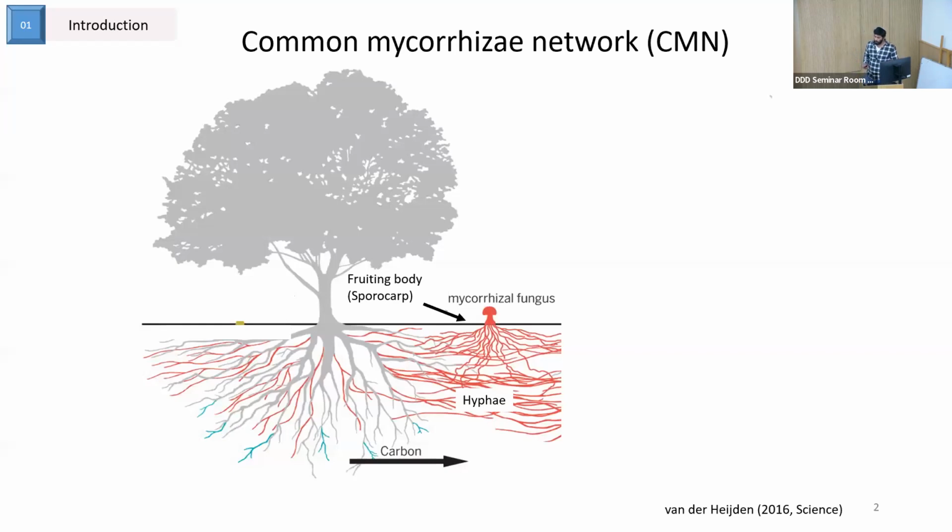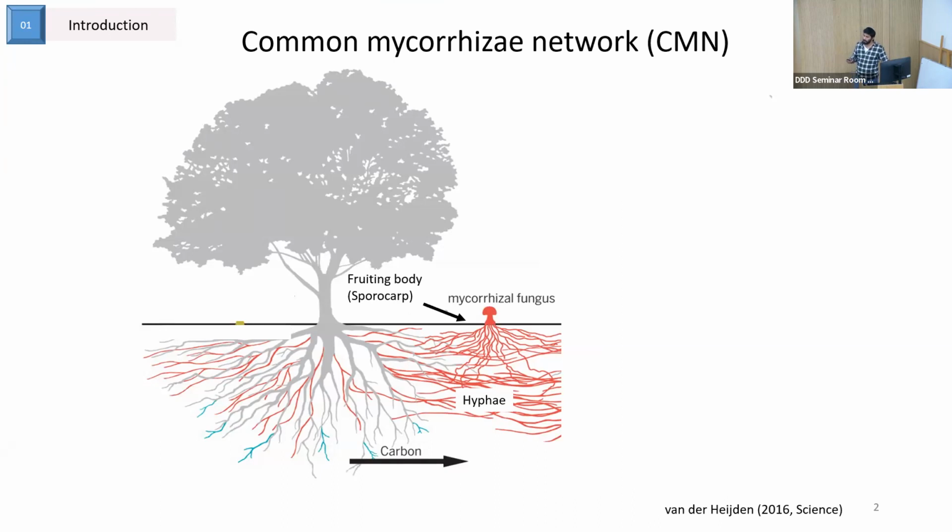So as most of you know, mycorrhizal fungi have a symbiotic relationship with plants. Specifically in the forest, this mycorrhiza has the main part, the hyphae, which can connect to the roots of the trees with a direct physical link, and allow the exchange of nutrients and sugars between the trees and the fungi.